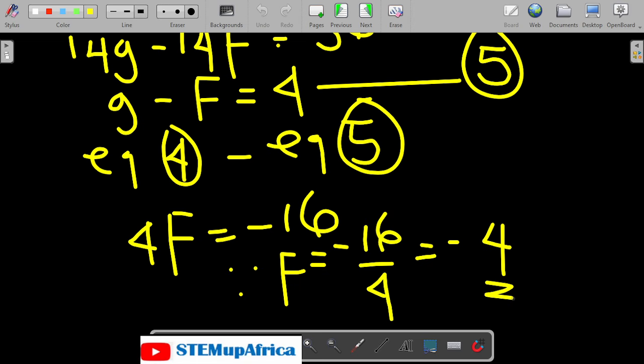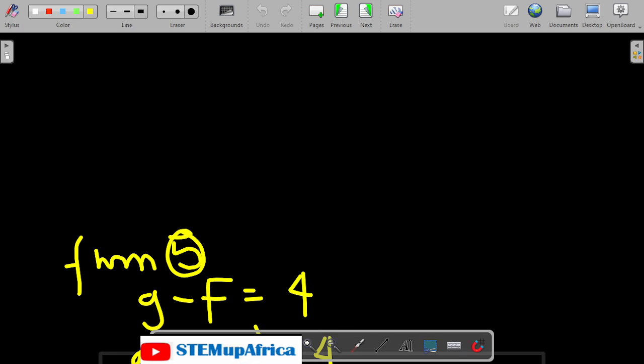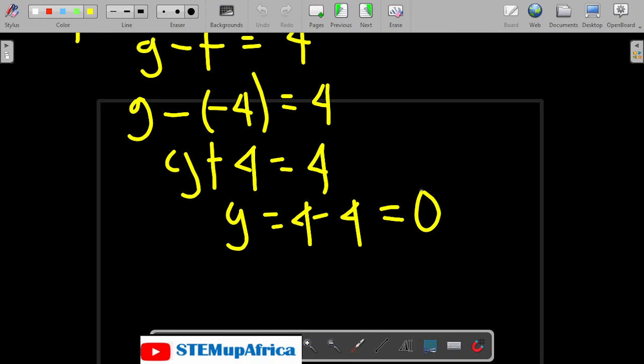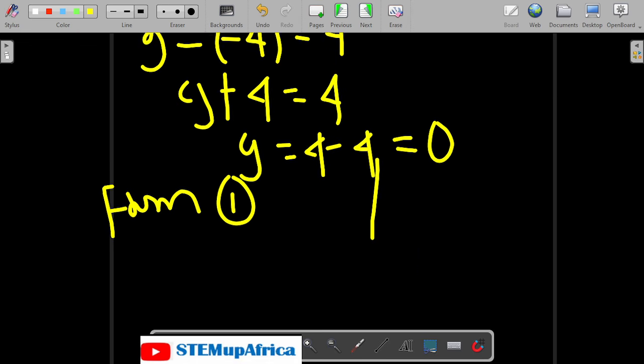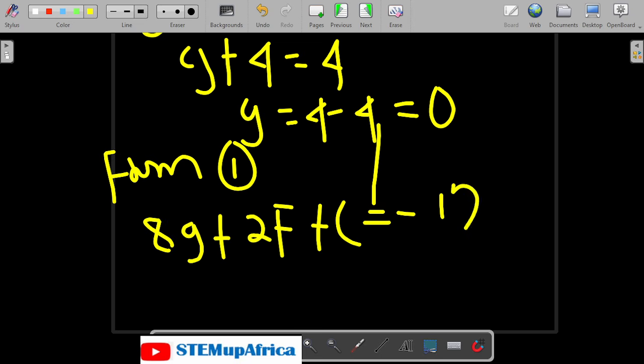So let's find c by putting the value of f and g into equation 1, 2, or 3. Any of them can serve. So I will say from equation 1, equation 1 says 8g plus 2f plus c equals to minus 17.